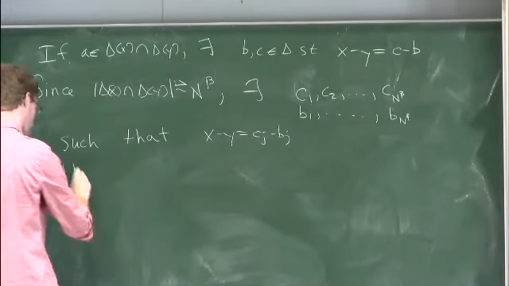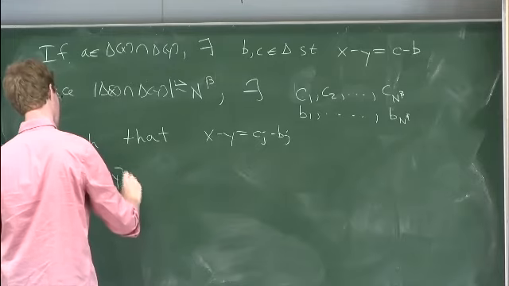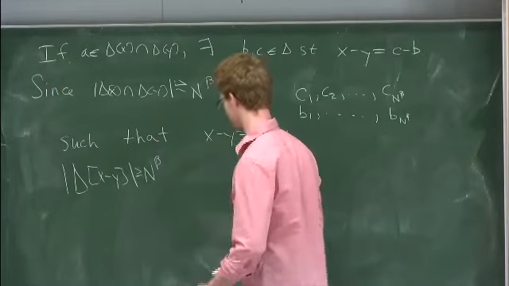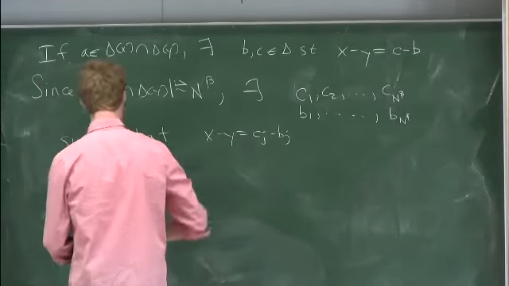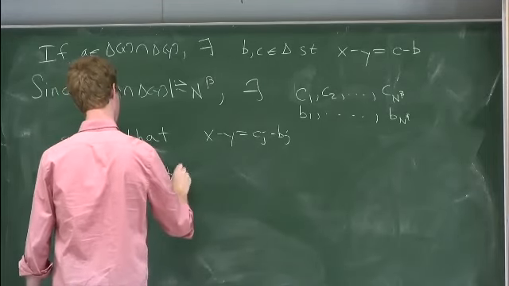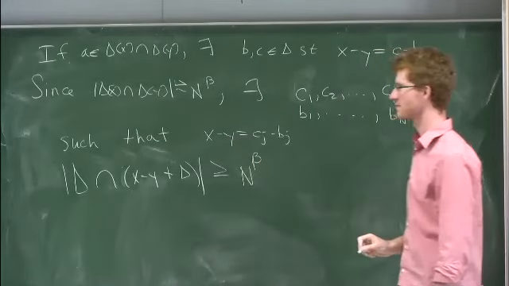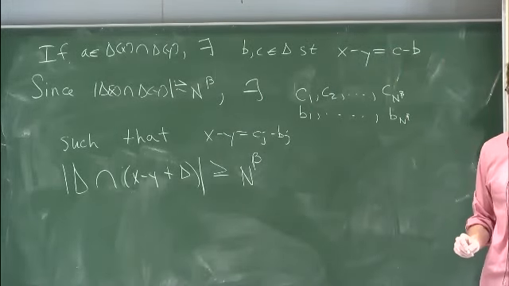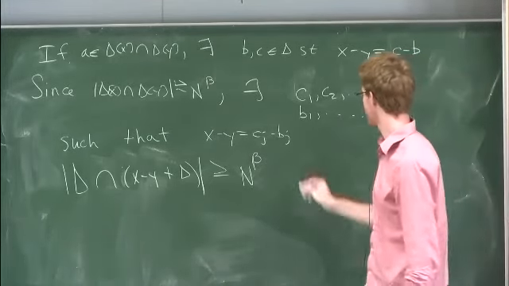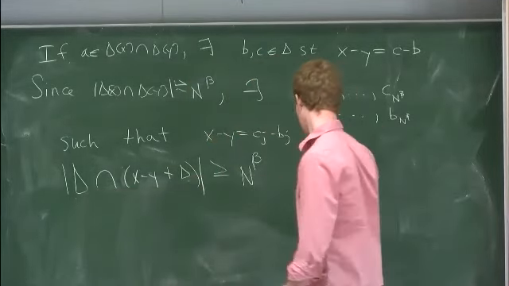Okay, what that means is that delta, well, this is n to the beta. Well, I don't really like that way of writing it. So far, so good? There could be more, but there are at least that many, because I've just produced them for you. So here's my Bj's and my Cj's. Okay.